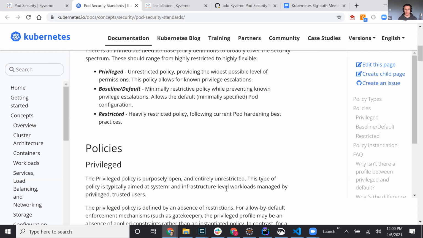I almost feel like a starting point could just be, I'm not sure exactly where this would go, maybe just on the website and link it through there, a directory of a bunch of pod manifests that can be dry run and say, these pods should be created, these pods should be rejected in a namespace enforcing this policy.